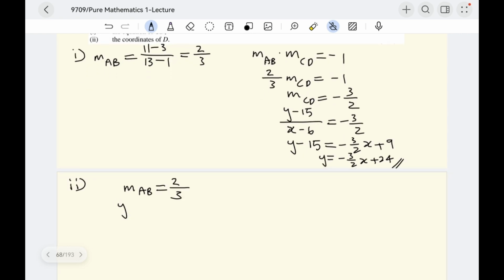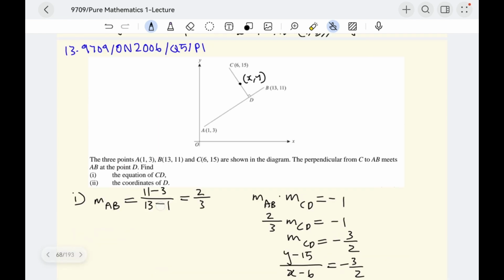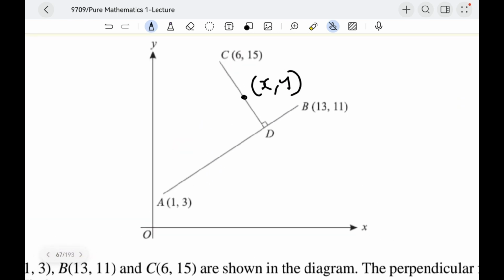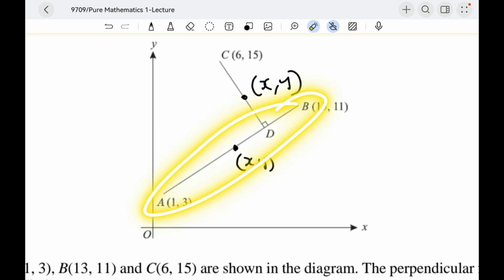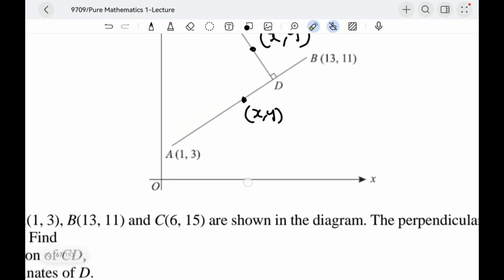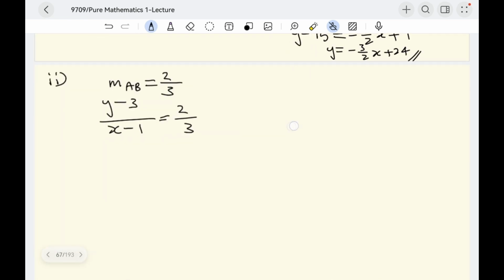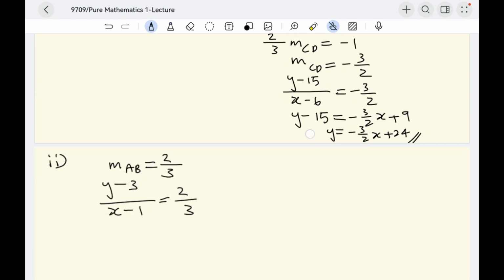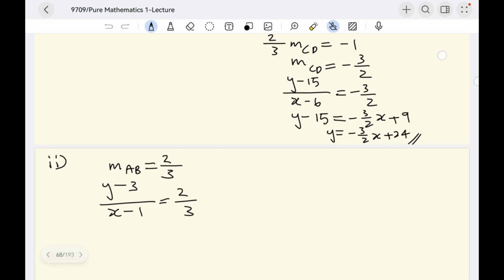Now I have to state y minus 3 over x minus 1, because you take the gradient with any point that lies on the line AB. So let's say here is your (x, y), where this (x, y) lies on the line AB only.